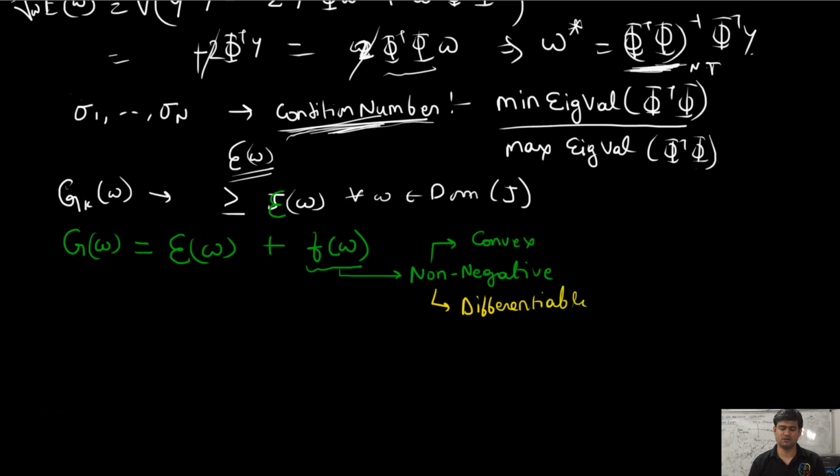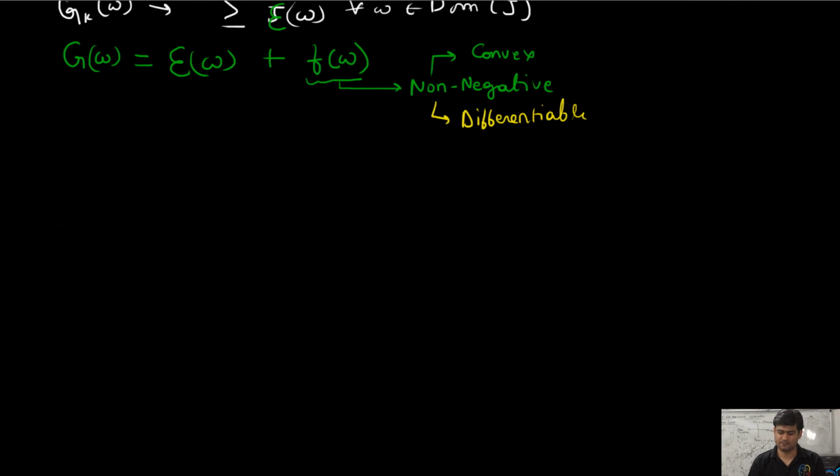So that would ensure the convexity, and the differentiability will ensure that we can perhaps minimize the resultant function by just setting the gradient equal to 0.